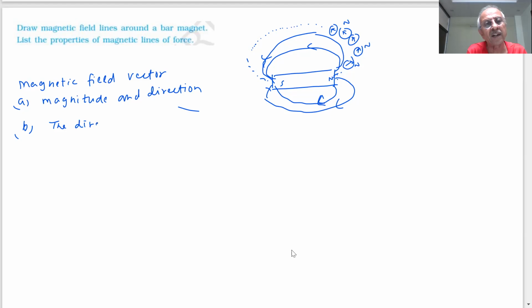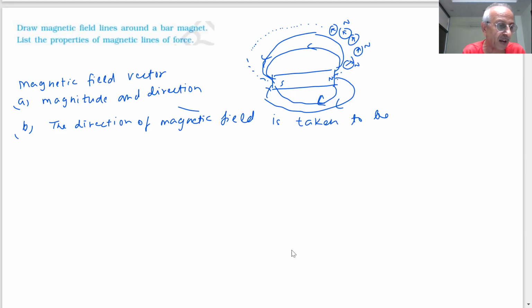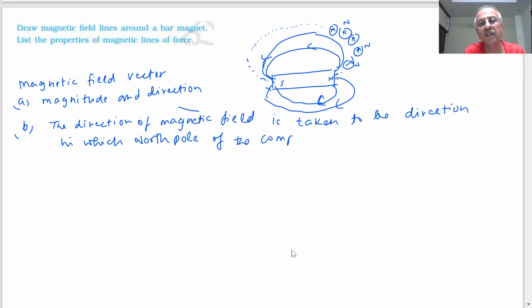The direction of magnetic field is taken to be the direction in which the north pole of the compass needle moves inside it.